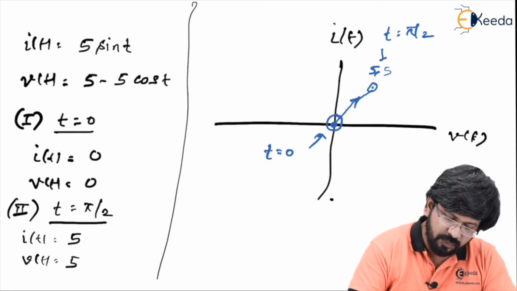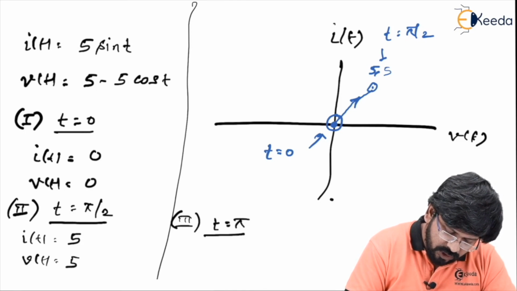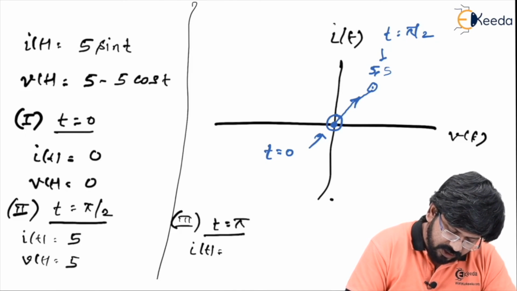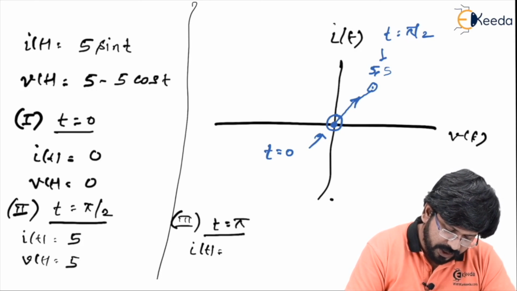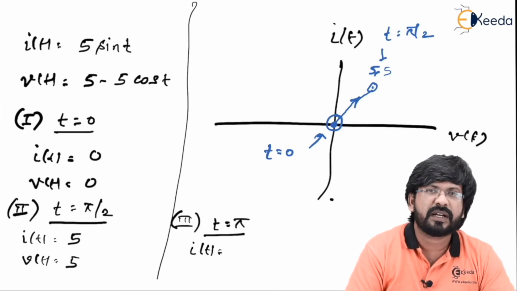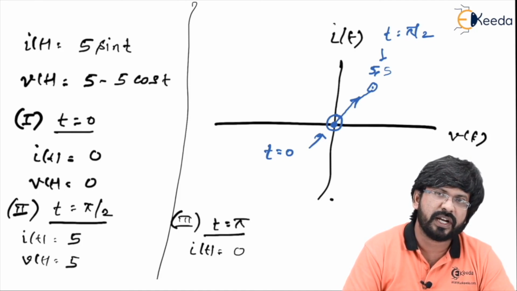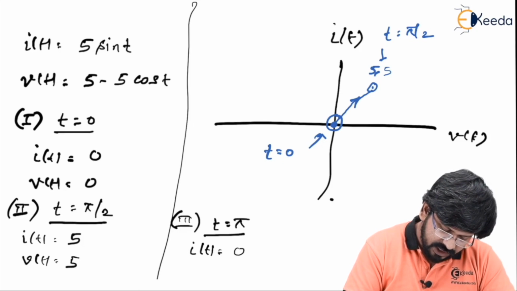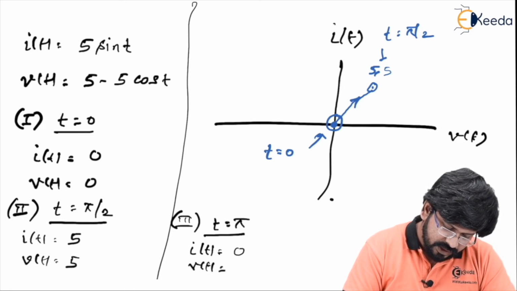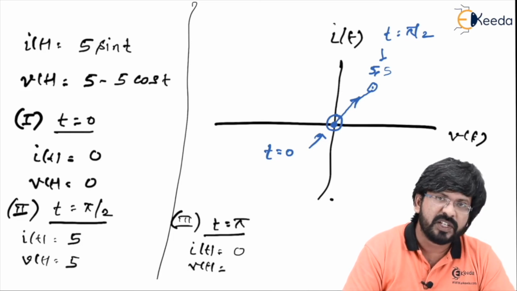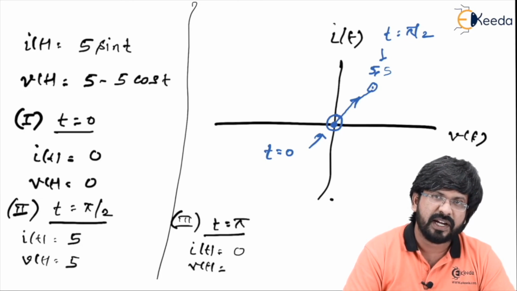Thereafter you can have a third point also. I will substitute t equal to pi now. If you substitute t equal to pi in I(t), it will become 0. Reason: sin pi, or sin n pi, is 0 provided n is an integer. Whereas if you substitute t equal to pi in the V(t) expression, it becomes cos pi, and cos pi is minus 1.